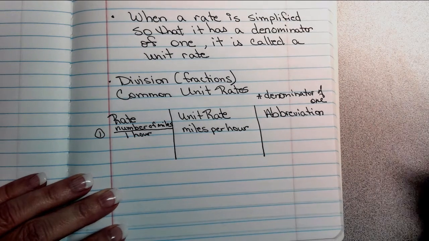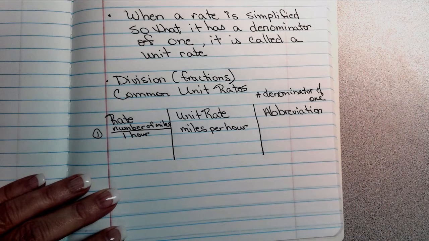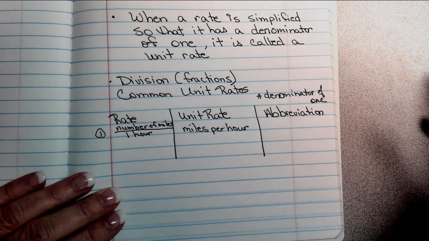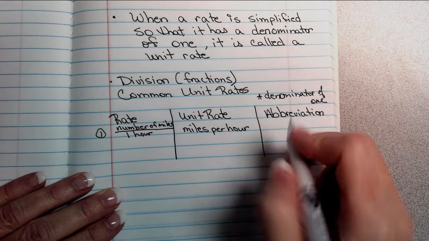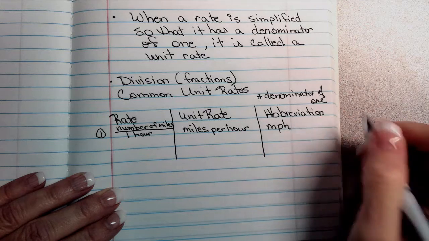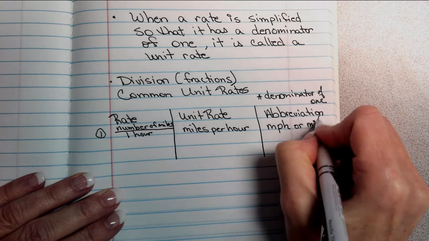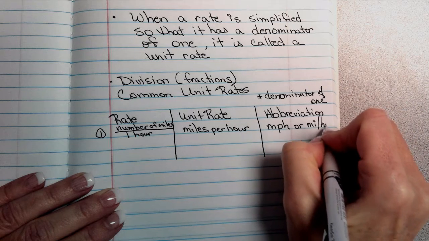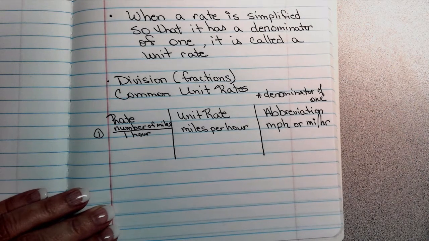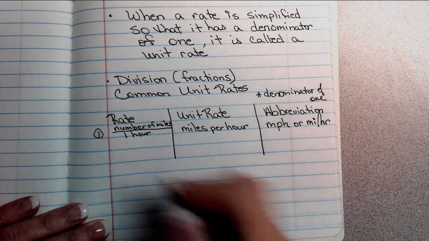When I drive my car, and if I drive 35 miles per hour, that means I would drive 35 miles in 1 hour if I stayed consistent with that speed. Okay? And the abbreviation for miles per hour is MPH or MI/HR. That slash means per. Okay? So miles per hour is a very common one.